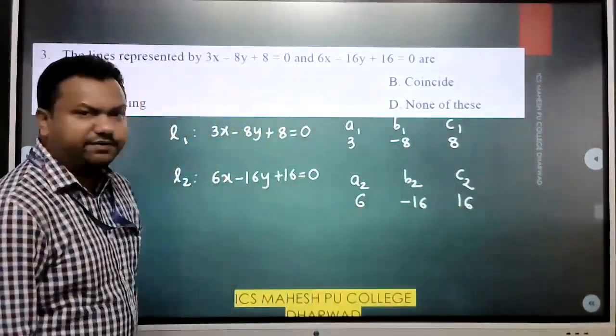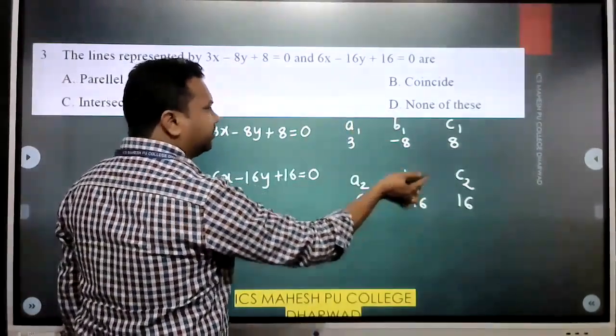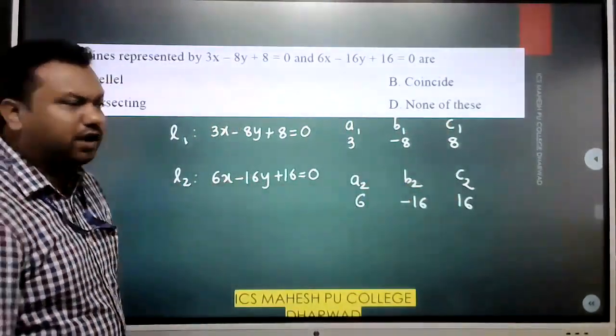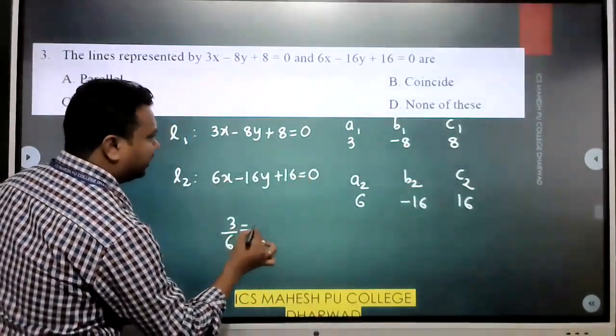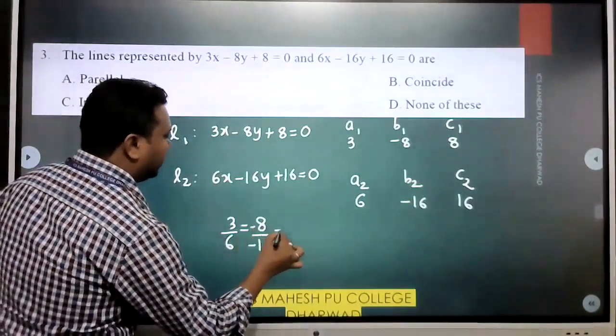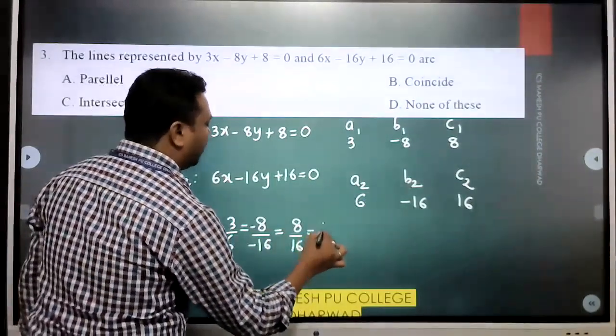So if you observe carefully, A1 by A2 is equal to B1 by B2 is equal to C1 by C2. See that all the three ratios are equal, isn't it? Observe A1 by A2, B1 by B2 and C1 by C2. All are equal to 1 by 2.